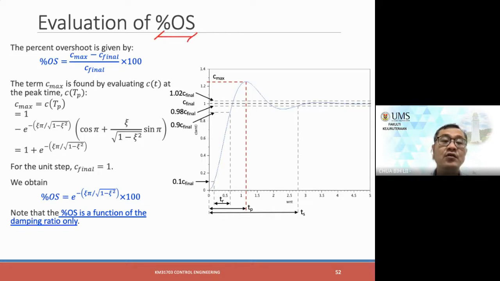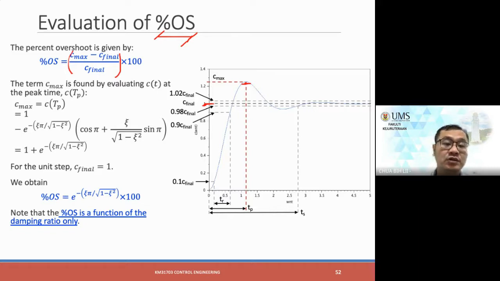Percent overshoot basically represents the ratio between the maximum value minus the final value, divided by the final value. So we have the maximum value over here, this maximum value minus the final value, which is the so-called steady state value, divided by the steady state value, multiplied by 100%. So we would know how many percent it has overshot from the original target.